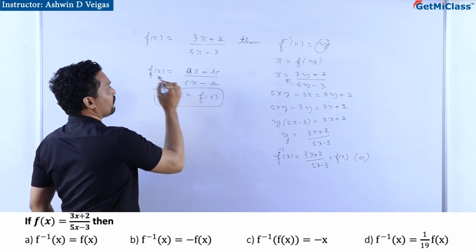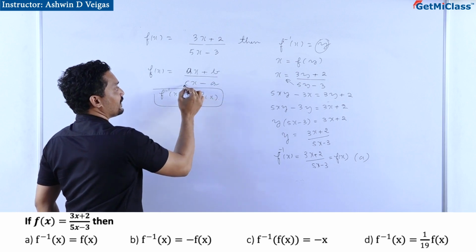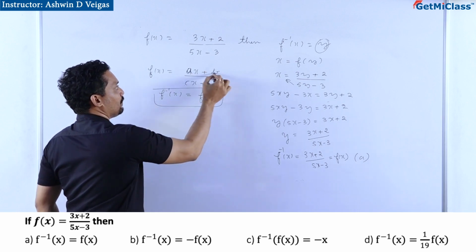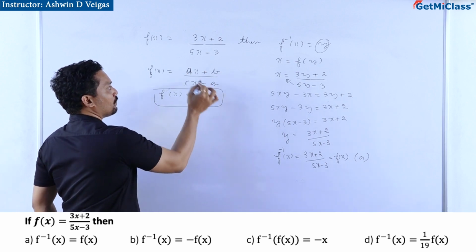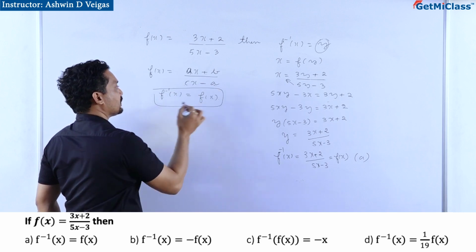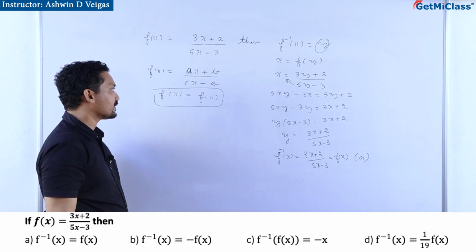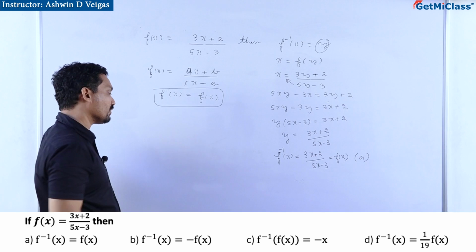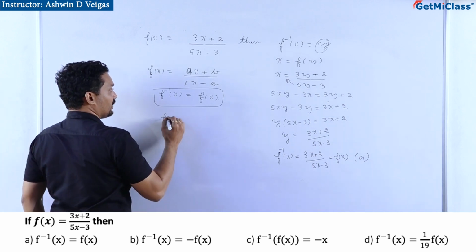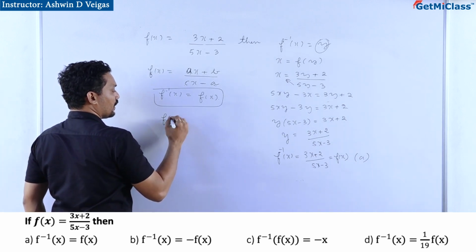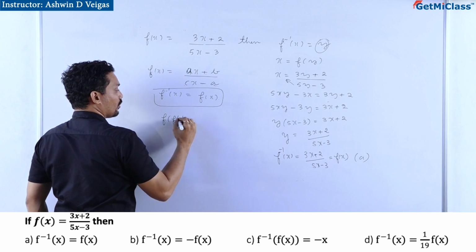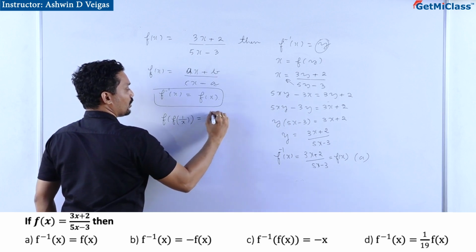So, if any function is of the form (ax plus b) by (cx minus a), where a, b, c can be anything, but the two a's are negative of each other, then for all those functions, f inverse of x will always be equal to f of x, and also f of 1 by x will be equal to 1 by x.